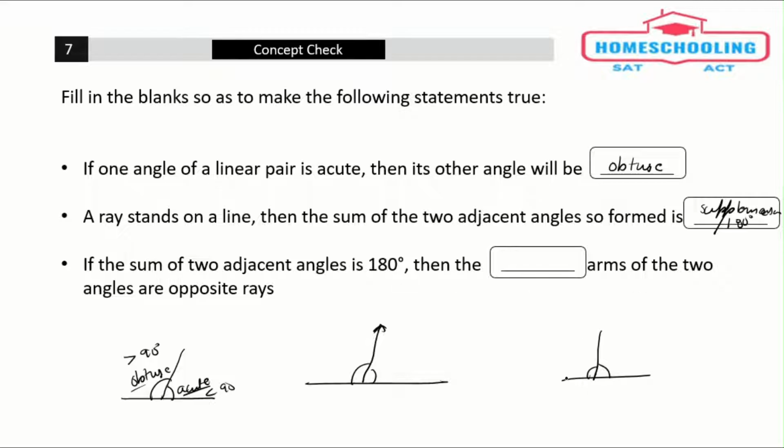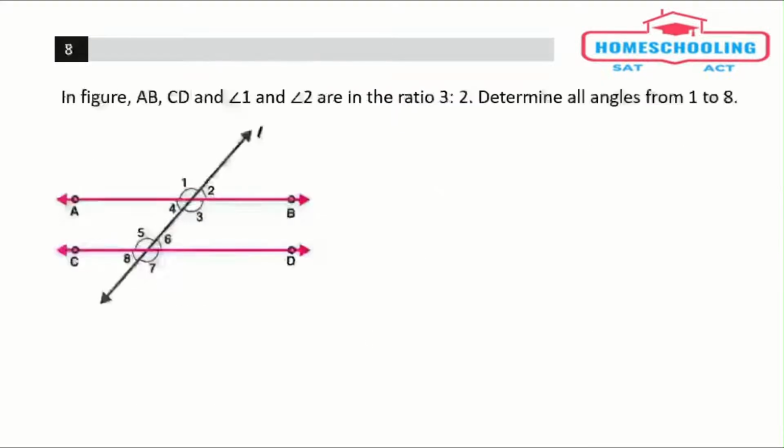So as we can see, this is an arm and this is an arm, so both arms are in opposite directions. So these are your concept check questions. Now moving to the next question.